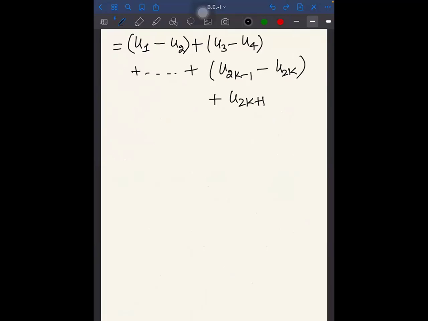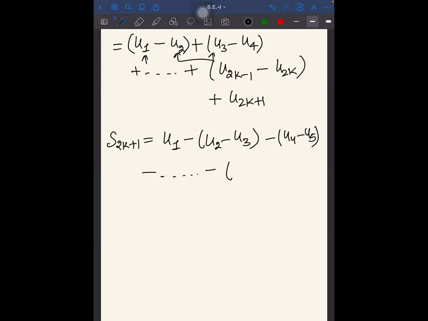Okay, now I'm rewriting it as S2k plus 1. I'll keep this u1 here, minus, and I'll write it as u2 minus u3, then u4 minus u5, and so on, and the last will be u2k minus u2k plus 1.